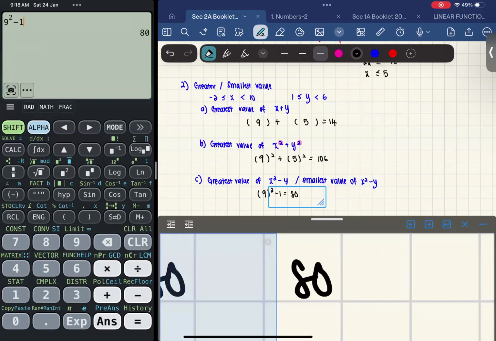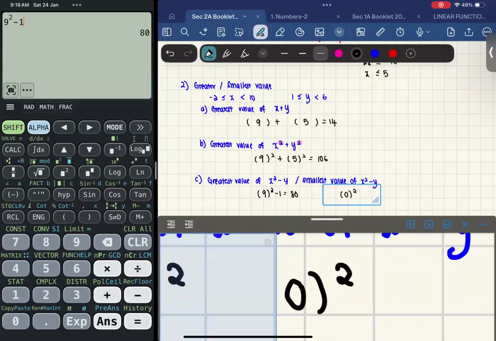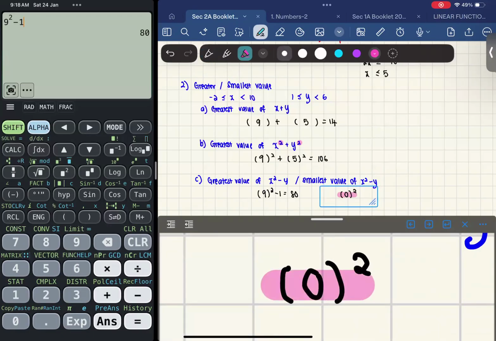Smallest value is the one that a lot of people keep forgetting. Why? Because they keep forgetting that they can have a 0. Okay? 0 square. Okay, this is the one that a lot of students keep forgetting because you can forget that you have a 0 square. So a lot of good students will always forget that.